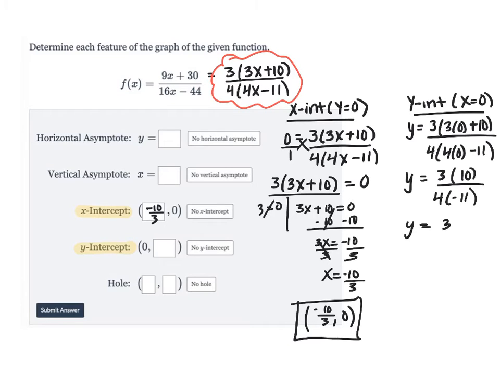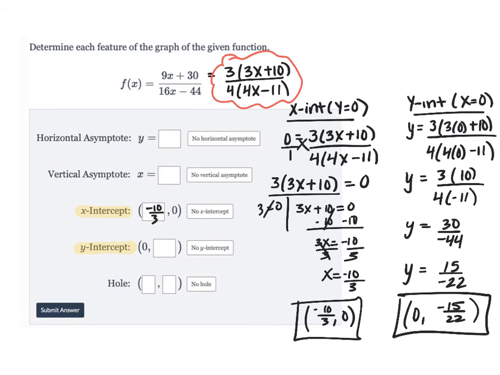So 30 over negative 44, which reduces to 15 over negative 22. As a y-intercept, it's the point 0, comma, negative 15 over 22. So negative 15 over 22 should go in for my y-intercept.